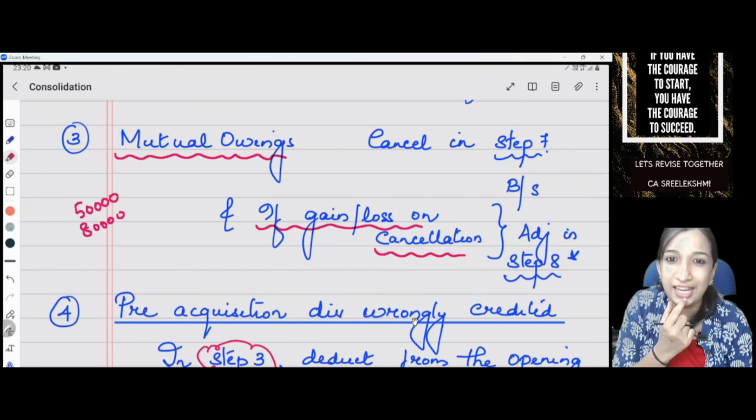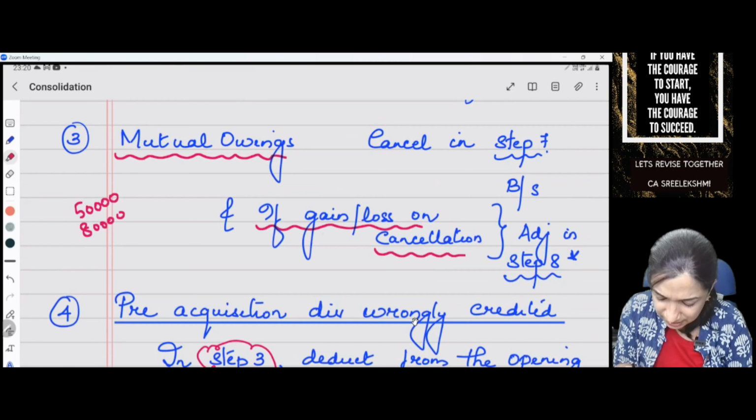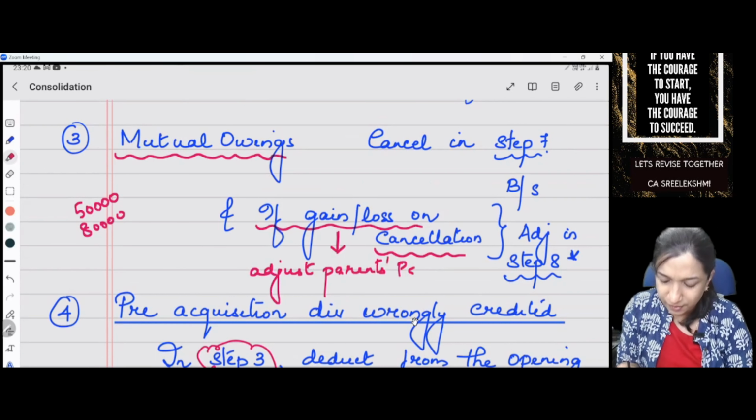So where will that gain be adjusted, or if it was the opposite, where will that loss be adjusted? In the parent company's profits. If there is a gain or loss on cancellation, adjust the parent, that is holding company's, P&L.